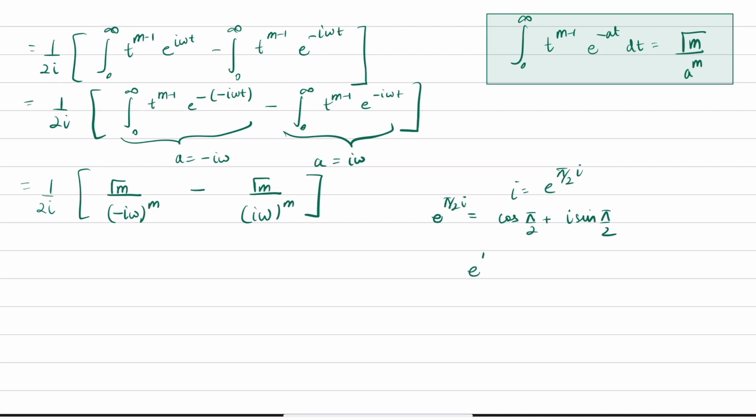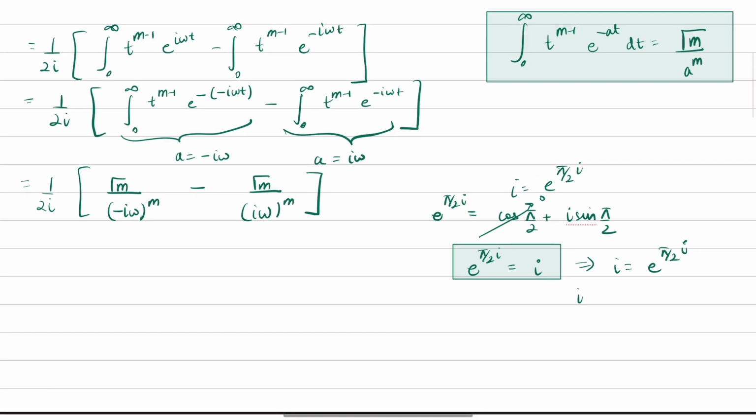So e^(iπ/2) equals i, because this term will be 0 and sin π/2 is 1. So if i equals e^(iπ/2), then i^m will be (e^(iπ/2))^m, which is basically e^(iπm/2). And we'll now substitute this into our expression.